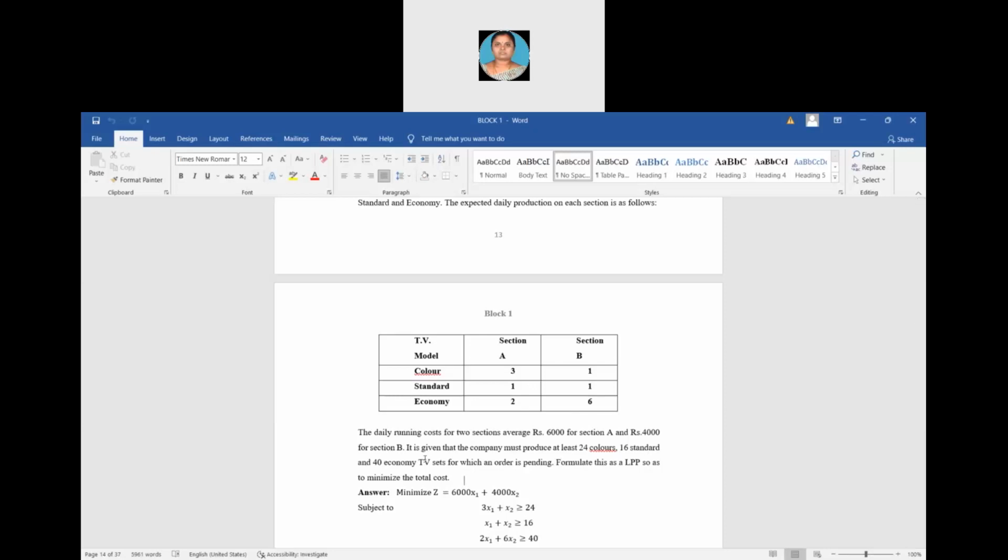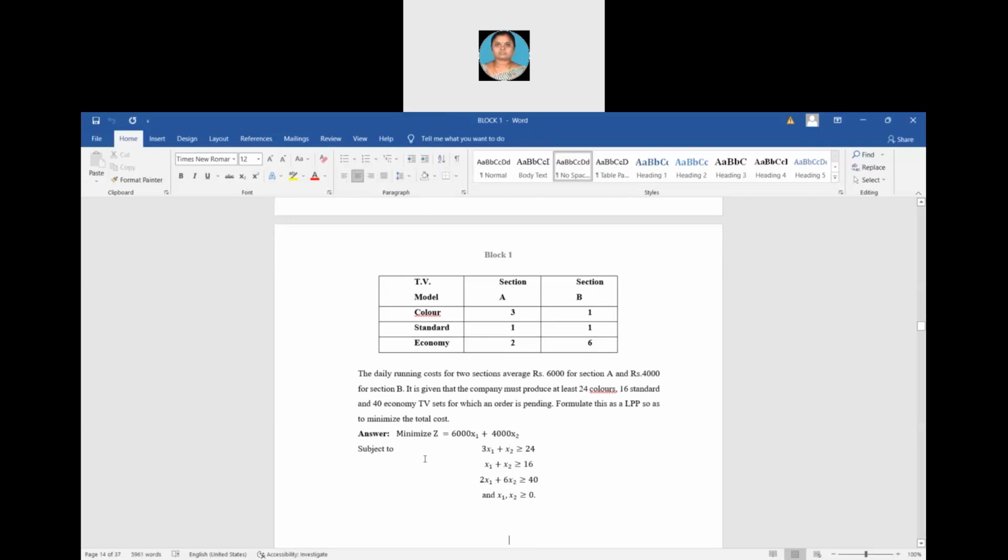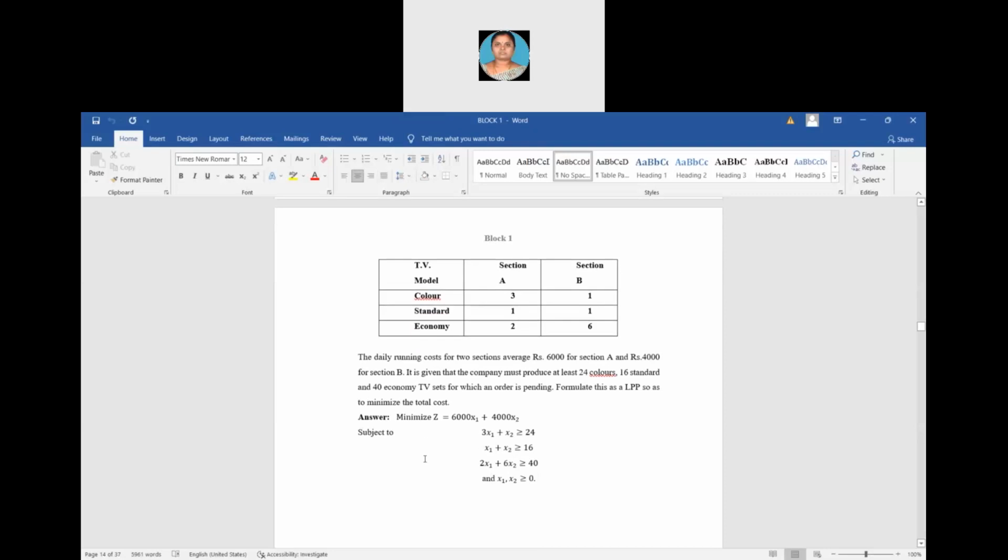This is the formulation of the LPP. We can clearly visualize where to use maximization and where to use minimization, and set our objective according to our goal.